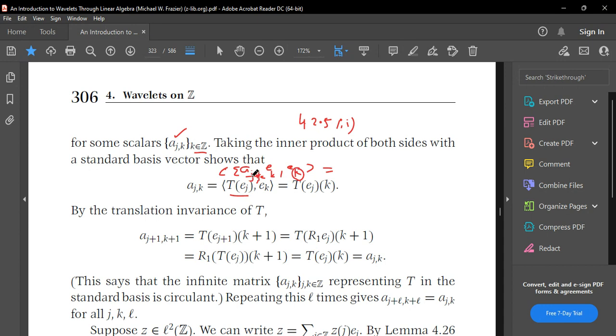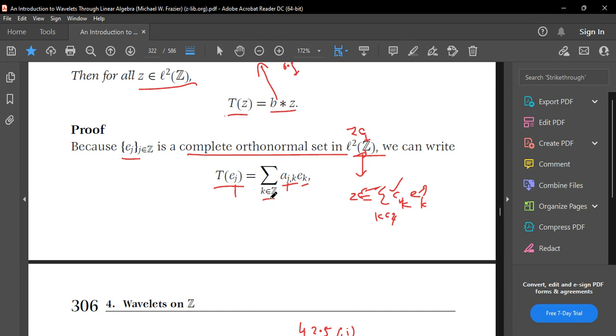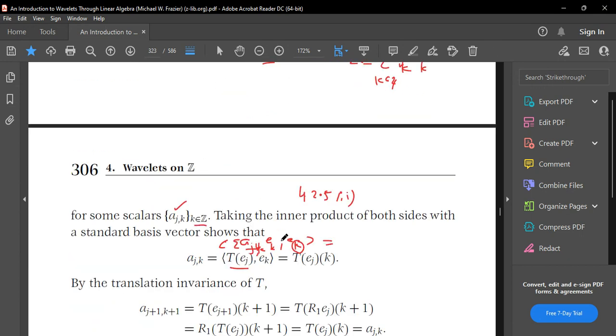We change the index to i, so we can write the inner product of T of Ej as the summation over i belonging to Z of Aji Ei, inner product with Ek. The answer will be the coefficient at the kth index, Ajk.